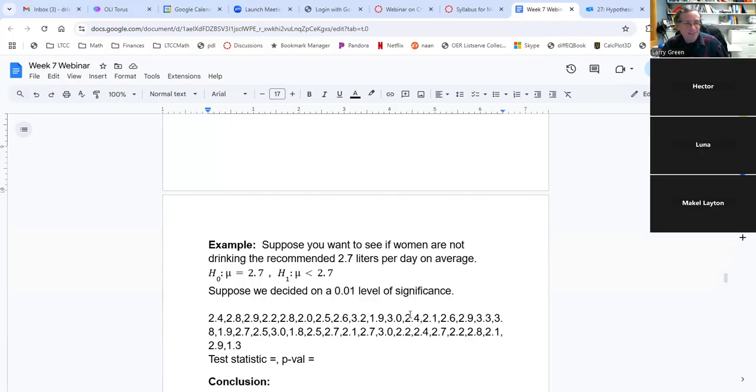And we looked at a lot of women. And we want to find out whether we get to reject the null hypothesis or not. So what's the next step? What do we have to do to find the test statistic and p-value? How are we going to find it?